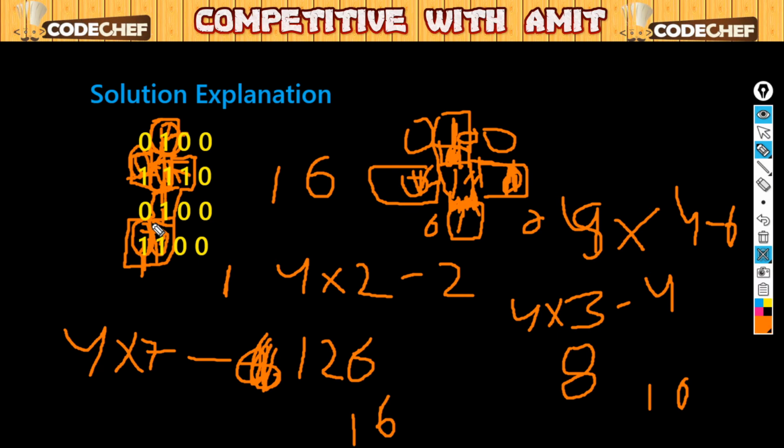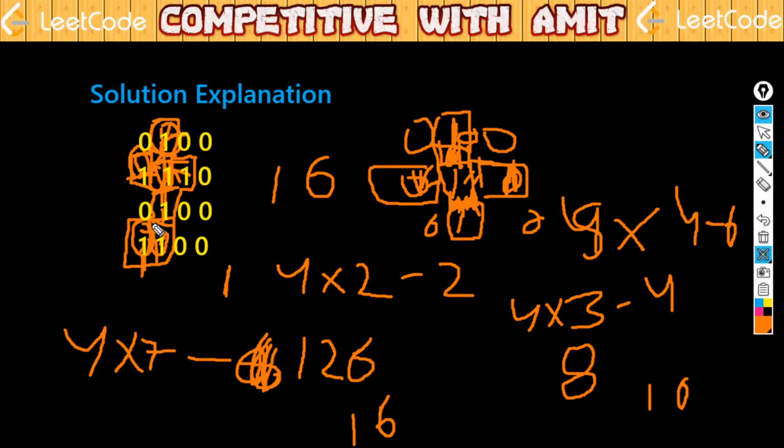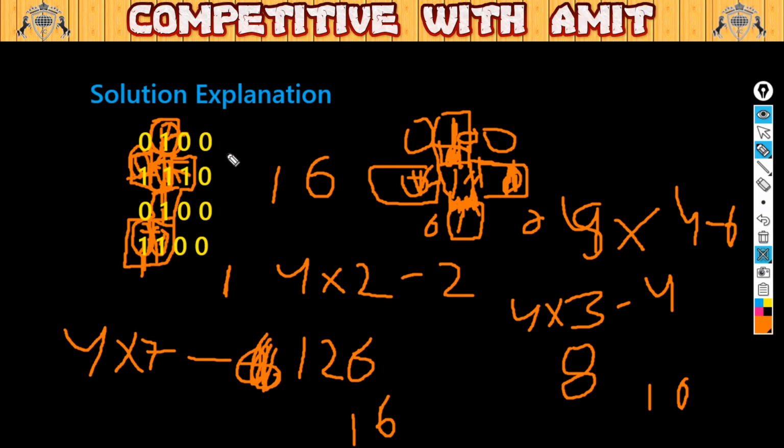So we have to just do 2 things. First of all, we have to count the number of ones, and second we have to count the number of left and bottom for every one. So now let us properly understand the question.